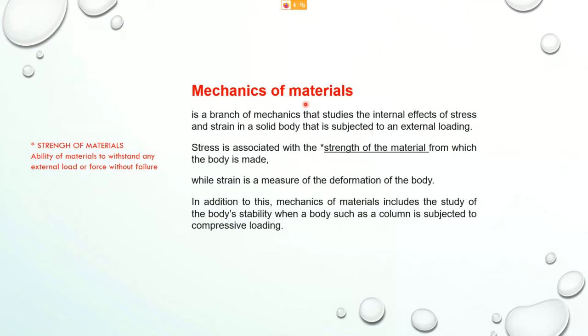That is for civil students. For architecture and QS students, they will look into the type of materials that is suitable for such an application. So this is usually studied by mechanical engineers, civil engineering students, and architects.